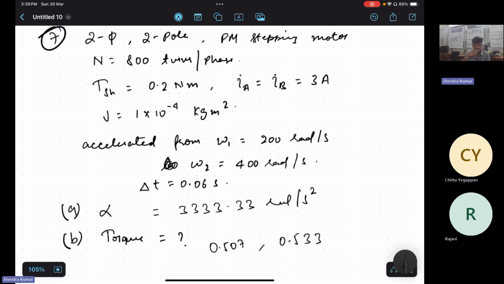Okay, I think one of you is correct. Since the angular acceleration is 3333, 0.533 should be correct. Isn't it, Rajni? Yes, it's only 0.533. I took the wrong value. Chittu is correct, sir.